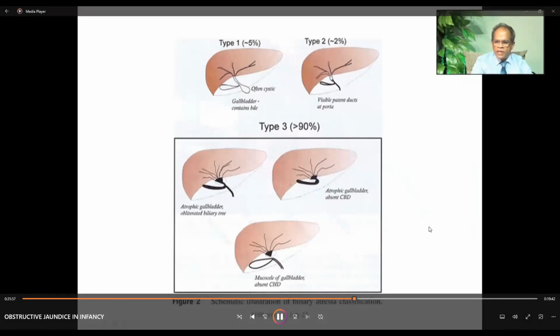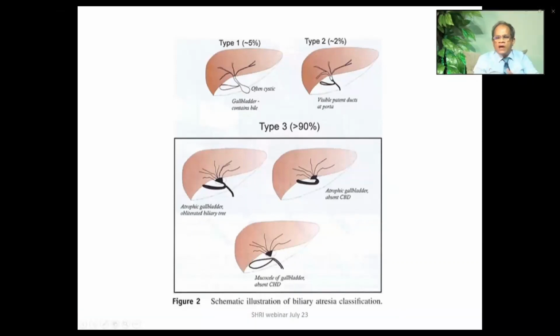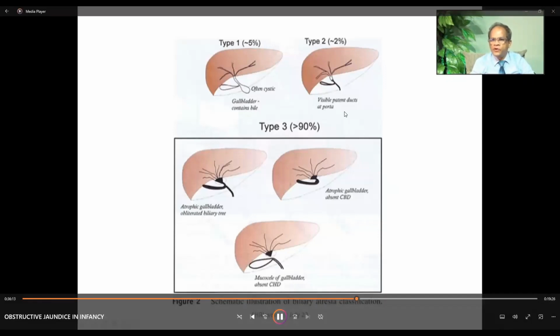Biliary atresia is not a single entity, because the majority of them are isolated biliary atresias, true, but then there are certain patients who have other syndromes. So there can be syndromic biliary atresia and associated malformations.